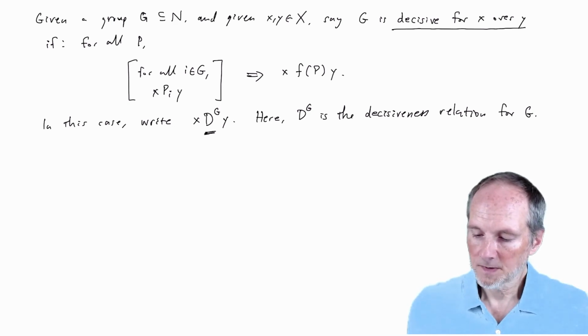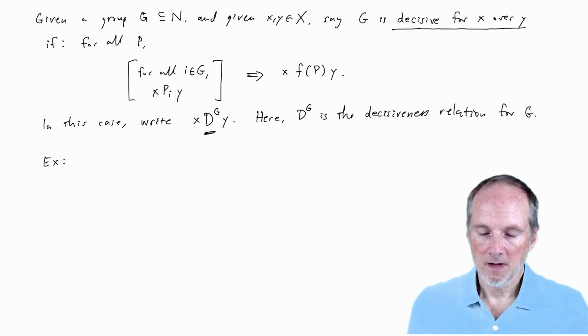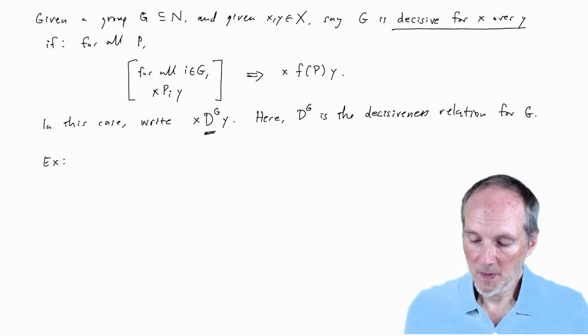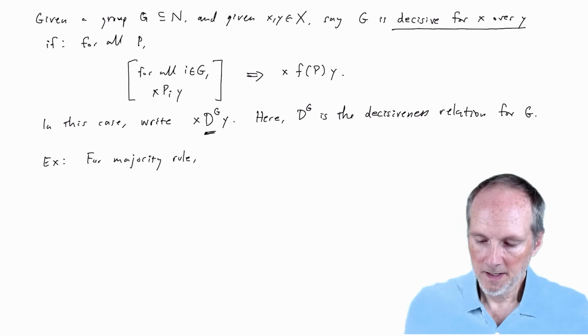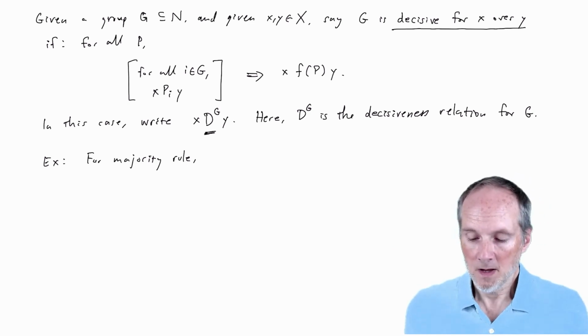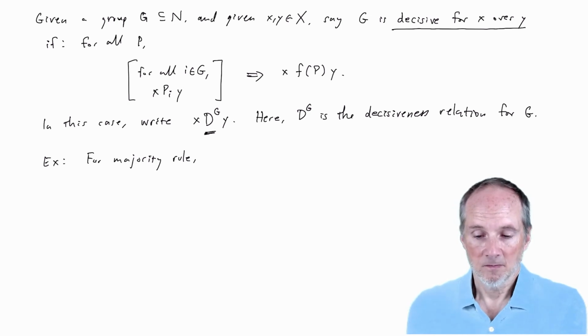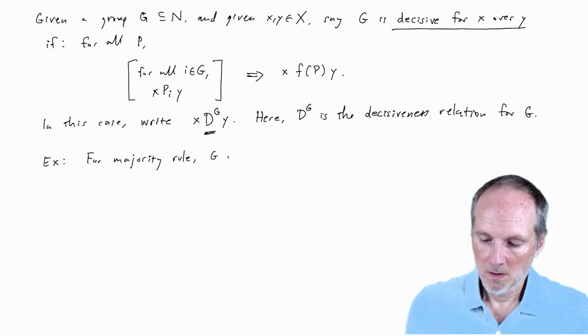Okay, let me give an example of this. So for majority rule, for example, if we have two alternatives, X and Y, and we have a group of individuals, we can ask, is the group decisive for X over Y or not?